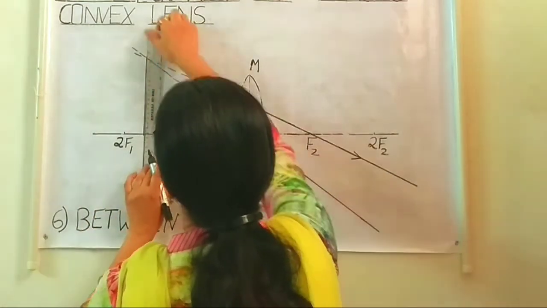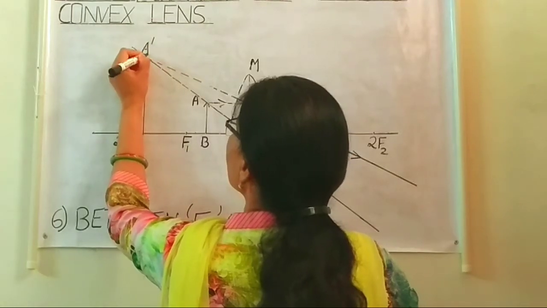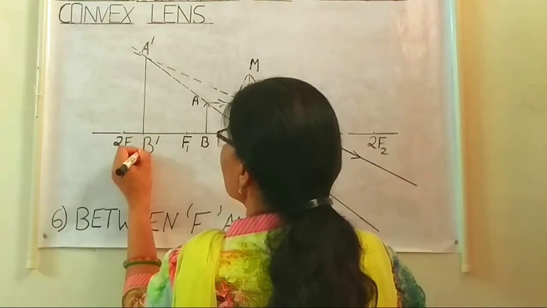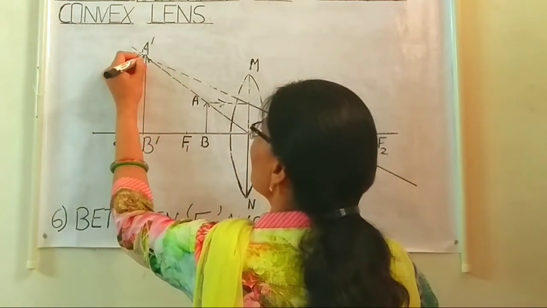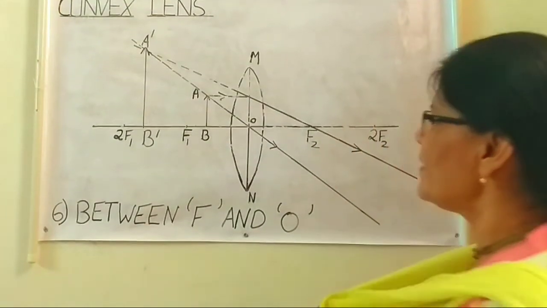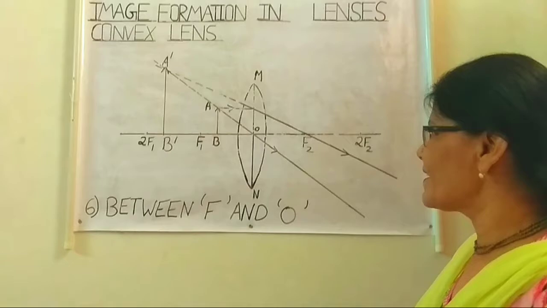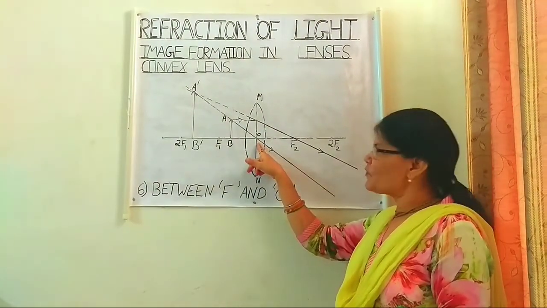This is A dash and B dash, and let us put an arrow. So here, when the object is between F and O, between the principal focus and optical center, then the image formation is erect.